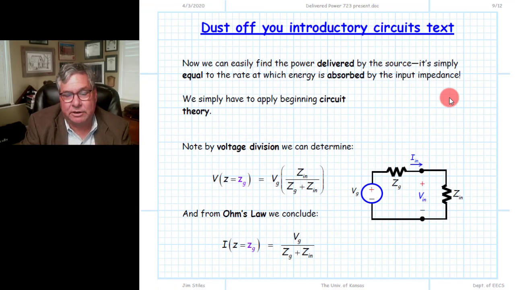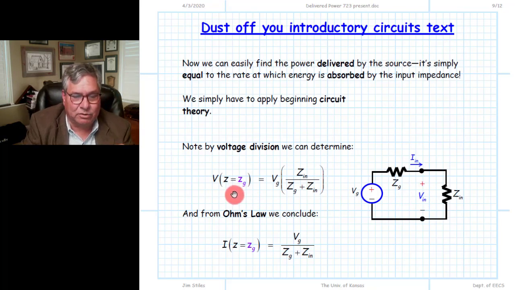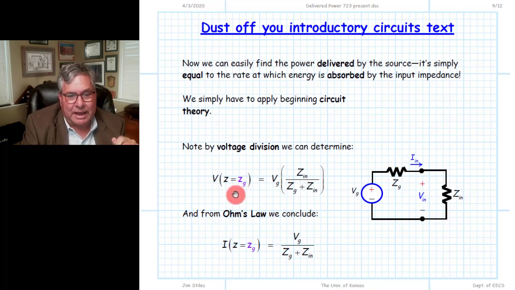That procedure is described here. With our simple circuit, we can use voltage division to find the value of Vin. And Vin, of course, is the voltage at the input of our transmission line. That is the value of the total voltage at the beginning of the line. Likewise, we can use Ohm's law here to determine Iin.